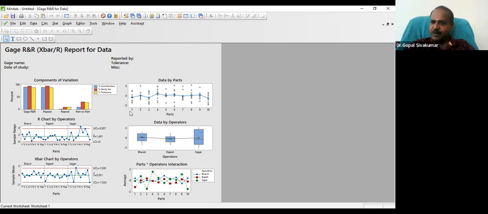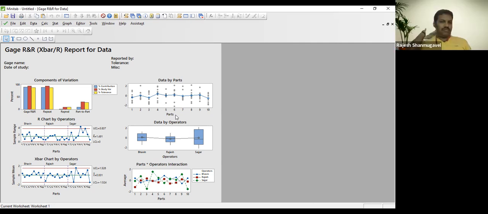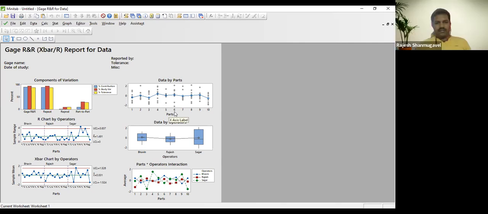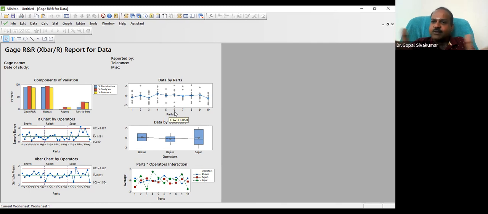This variation is the problem. The variation is too high with respect to a particular product. Can you find out which part number has too high variation? Part number 8. Number 8 and number 6 is a little more, isn't it? Number 6 and 8, your team is finding it difficult to come to an agreement.